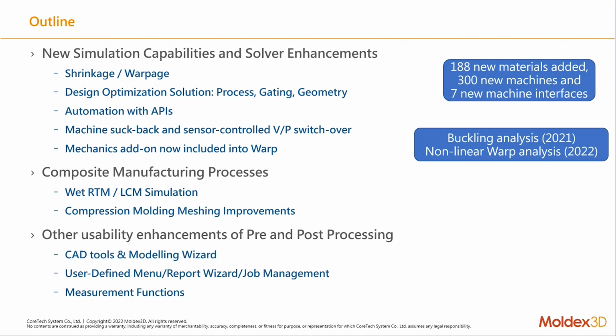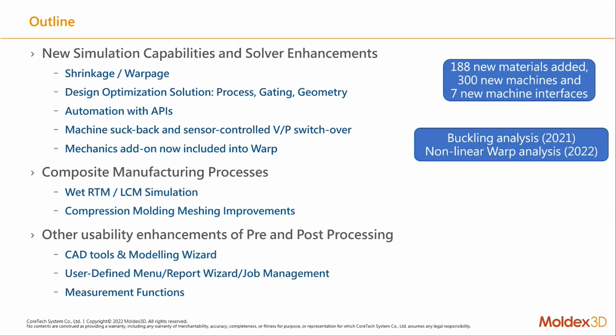We look at other sections like composite manufacturing processes, wet RTM, LCM simulation, compression molding, meshing improvements, and other usability enhancements of pre and post-processing updates like CAD development and modeling wizard, user-defined menu, report wizard, job management, and measurement functions.